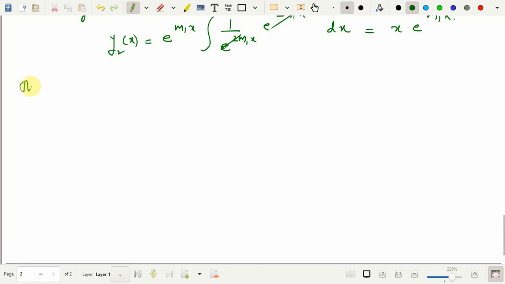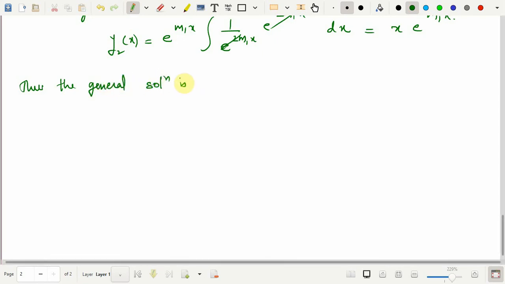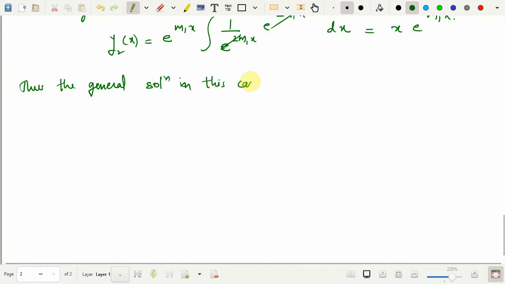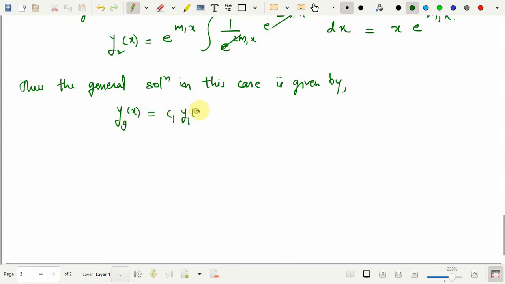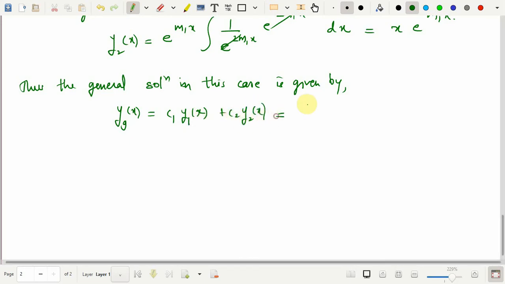And thus the general solution in this case, that is when the root is repeated, is given by yg of x is equal to c1 y1 of x plus c2 y2 of x, and that is the same as c1 e raised to m1x plus c2 x into e raised to m1x.